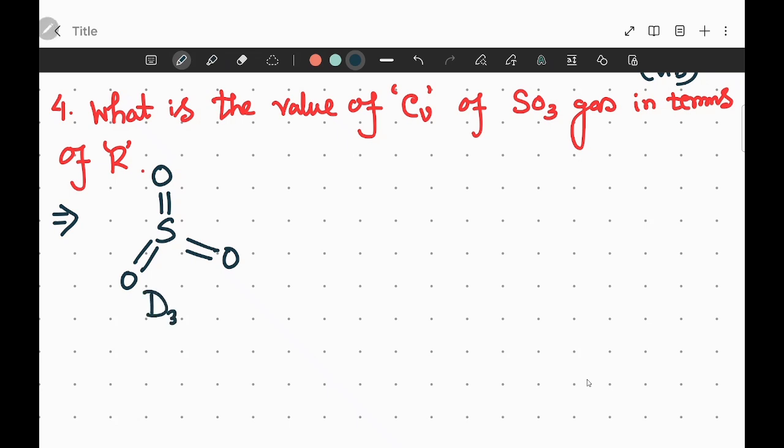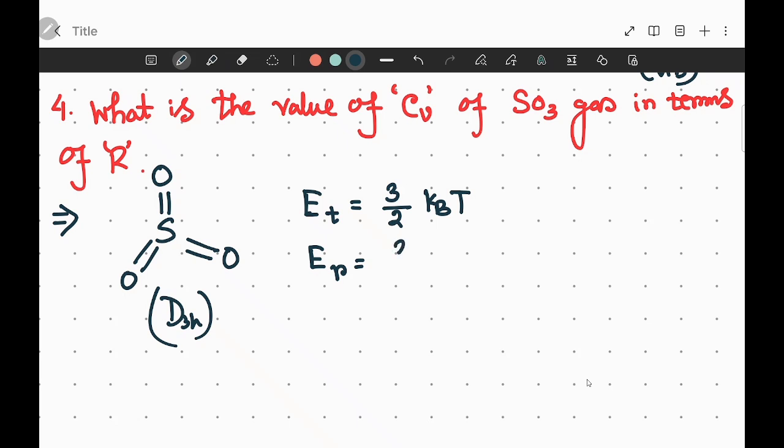Whenever, after studying group theory, you have any molecule, you can evaluate the point group. Okay. So now translational will obviously be 3 by 2 kBT. Rotational: it is a non-linear molecule, so eventually it will again be 3 by 2 kBT.